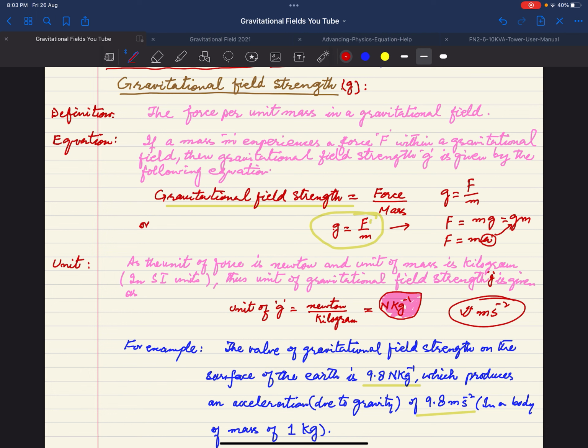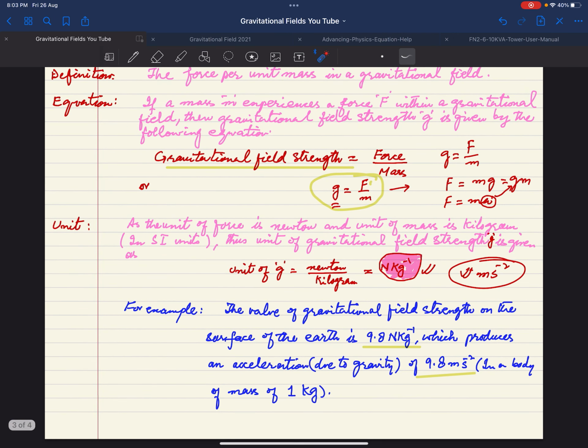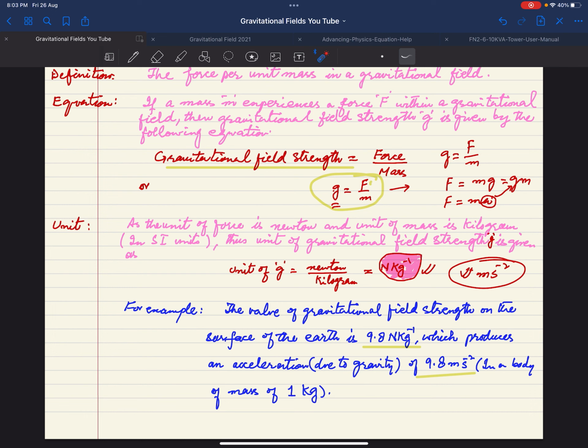But as I said, if the unit of g is given as Newton per kg, immediately you will get the idea that you are talking about the gravitational field strength. So I have mentioned here that the value of the gravitational field strength on the surface of the earth is 9.8 Newton per kg, which produces an acceleration due to gravity of 9.8 meter per second square, of course for a body of mass 1 kg.